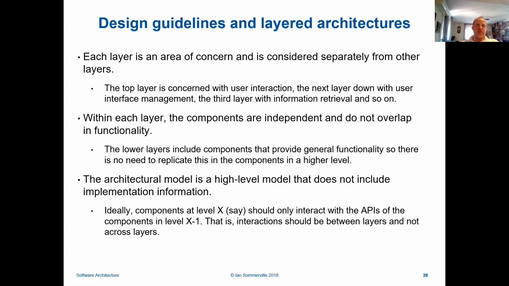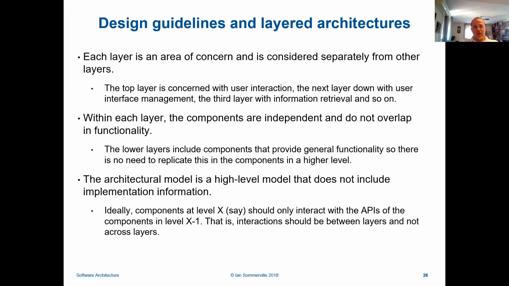Design guidelines and layered architecture. Each layer is an area of concern and is considered separately from other layers. The top layer is concerned with user interaction, the next layer down with user interface management, the third layer with information retrieval, and so on. So that's what we were talking about with the MVC, having layers.